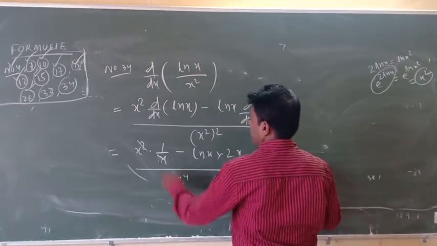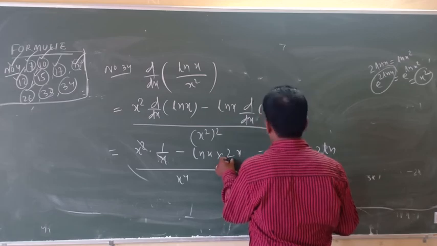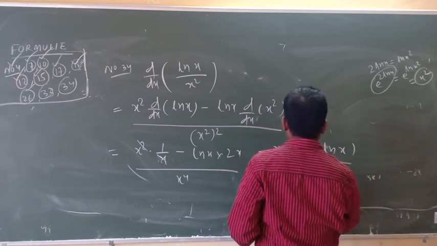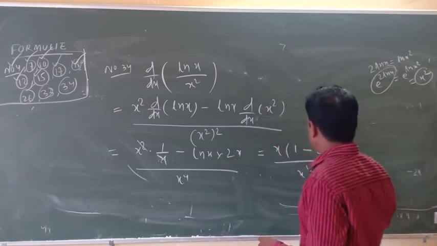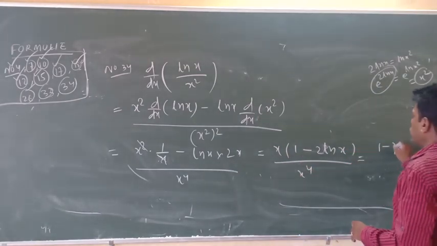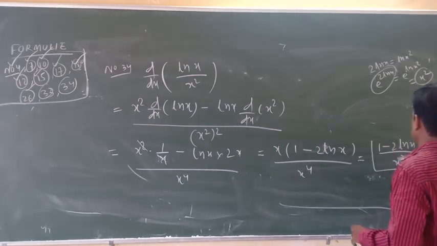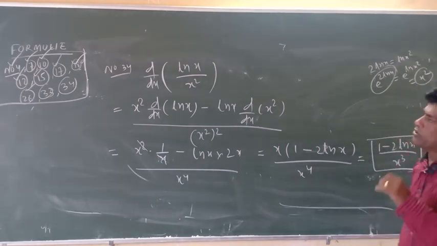Taking x common, it becomes 1 minus 2 ln x divided by x to the power of 4. One x cancels, that becomes 1 minus 2 ln x by x cube. That is the answer of number 34.